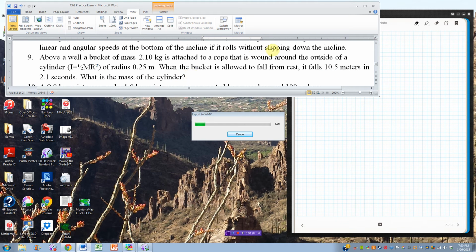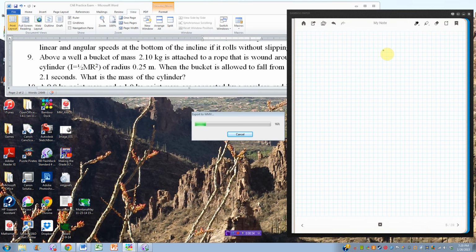So there's two ways to do it. This video is for using rotational dynamics to solve this problem. So in rotational dynamics, we're going to set up an equation for net torque and net force, one on the rotational thing, one on the linear thing. So the linear thing, we've got a bucket.